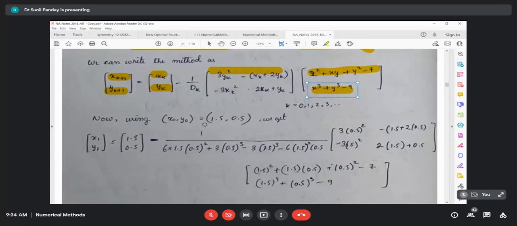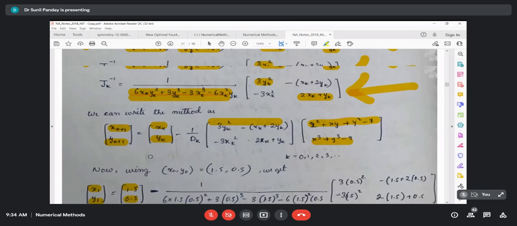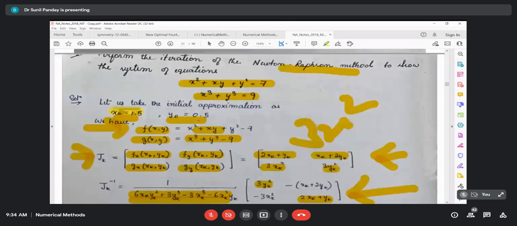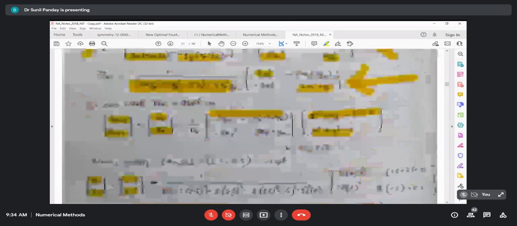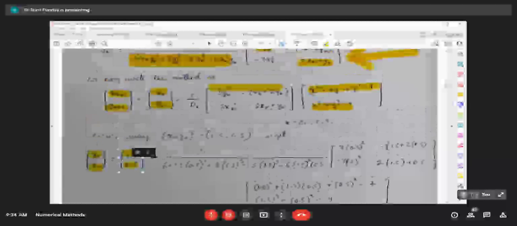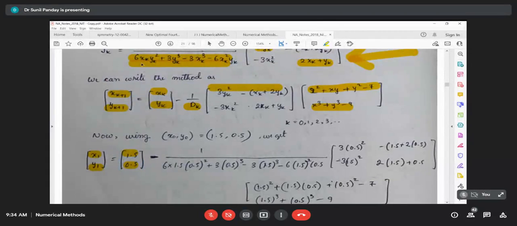When I substitute k equals 0, the right hand side becomes x naught y naught and the left hand side becomes x1 y1. So the next approximation uses x naught y naught. In the question, x naught is 1.5 and y naught is 0.5. So you substitute there.